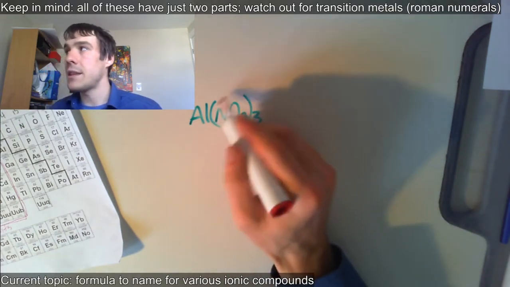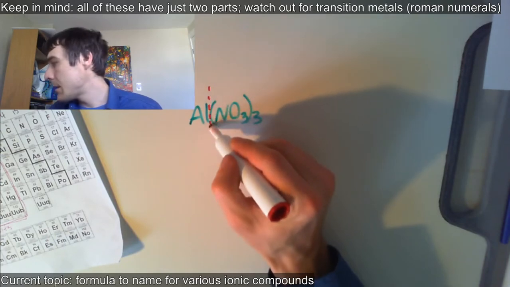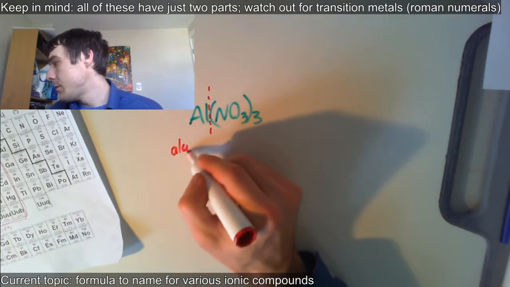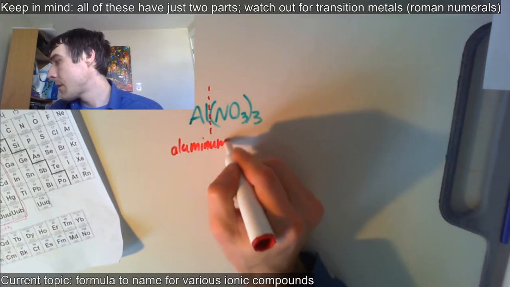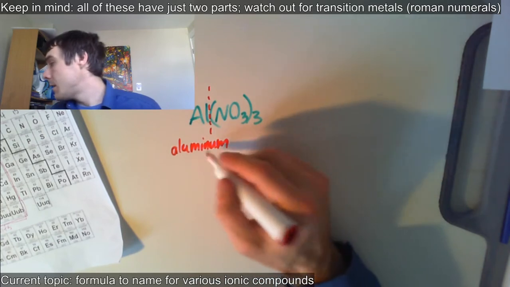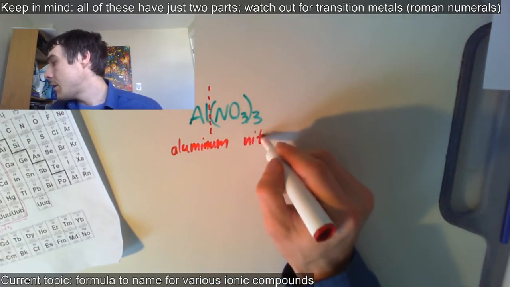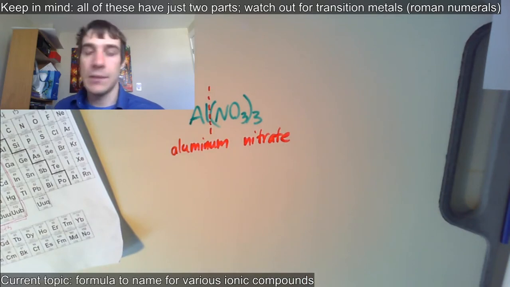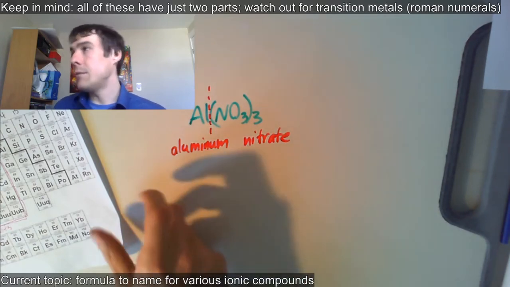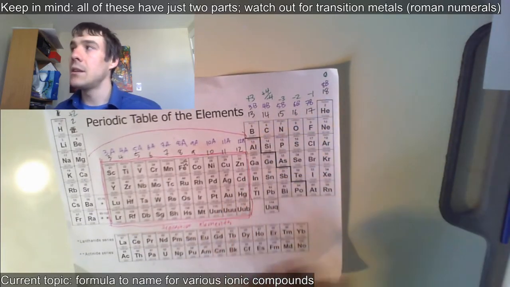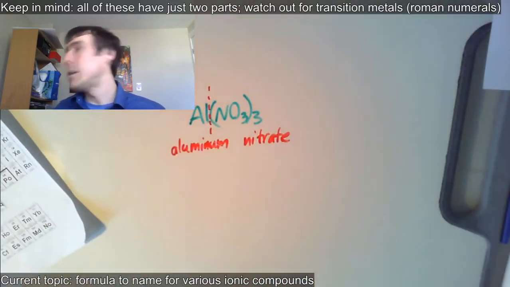The bracket tells us that that's going to stay together, so we split it there. And so we call this aluminum, or aluminium, depending. IUPAC actually says both are fine. Aluminum nitrate. So that is the name of that compound. We can do a quick double check to make sure that aluminum is not a transition metal. It's not, so that is fine.